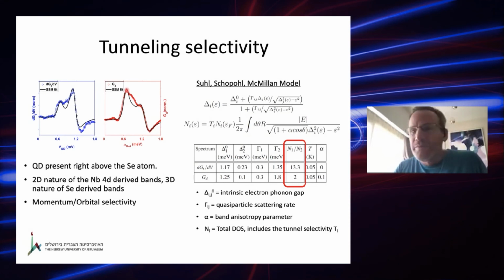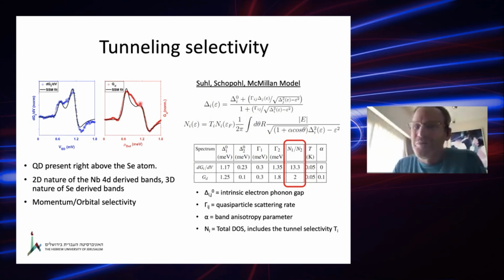And as I said before, the lower energy band is selenium related, and we suggest that the dot-assisted tunneling is actually dominated by these selenium carriers with respect to the direct, extended-state tunneling, which is dominated by the niobium carriers.